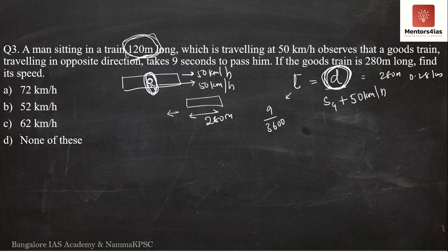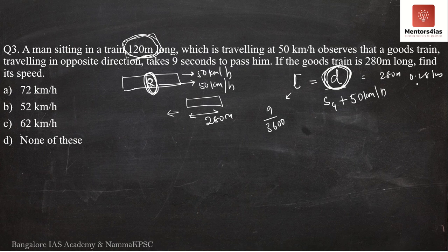So we don't want the length of the train. It is as if the person himself is running at 50 kilometers per hour. The question is not saying the train takes 9 seconds to pass the first train or the passenger train. The question is saying the goods train takes 9 seconds to pass this person over here. Therefore, we don't need the length of this train.